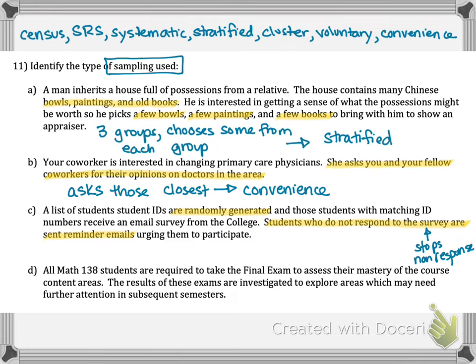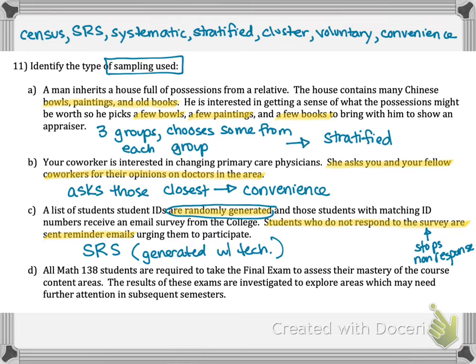Voluntary means they get the survey once and we just wait. These people are randomly selected and repeatedly asked to answer. This here, being randomly generated, implies that this is a simple random sample. The numbers were generated with technology, right? That's how we would use a random number generator.